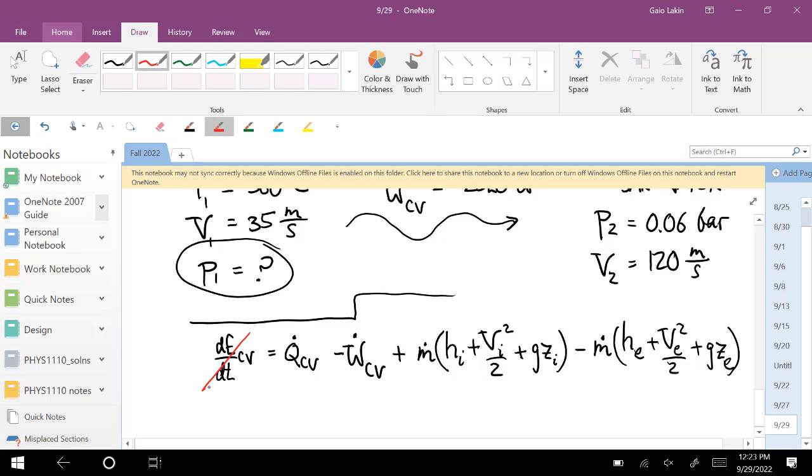Steady state means that the rate of change of the energy goes away. There's no heat transfer. We're ignoring potential energy. For turbines, a lot of times we'll ignore the speed too, but in this case the speed is given to us, so we're going to use it.